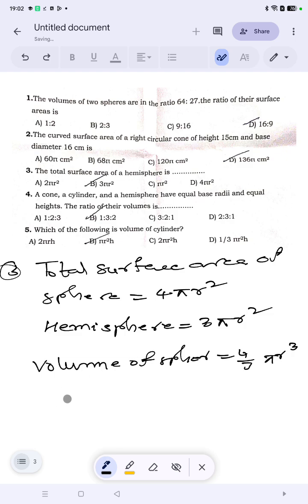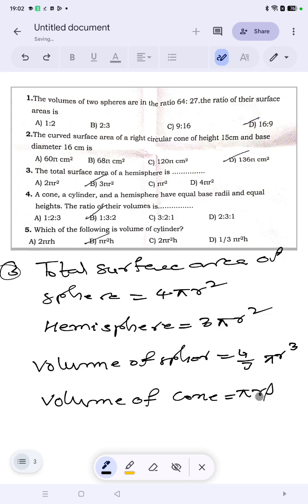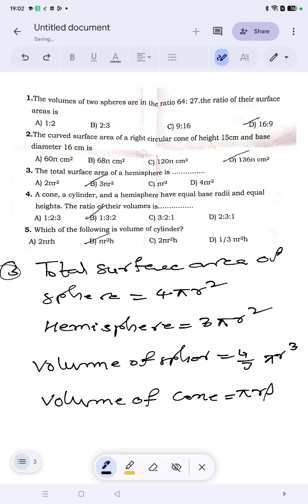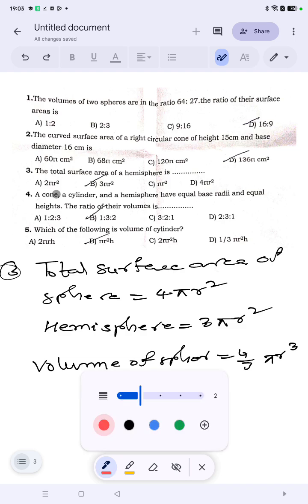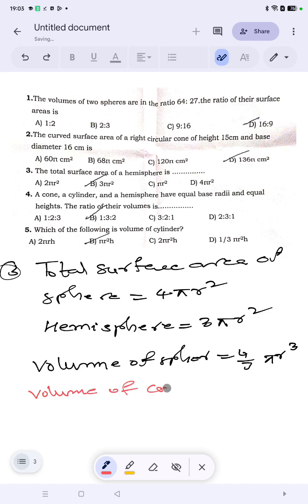Okay, now the volume of a cone. What is that? To find volume, we have to multiply the base area by the height. For a cone, the base is circular.